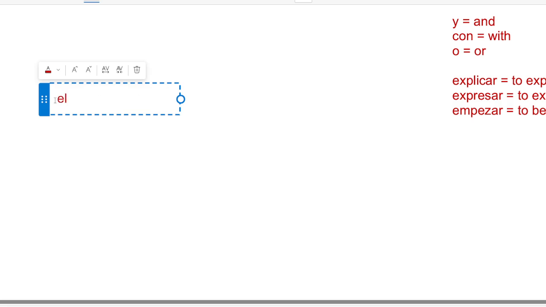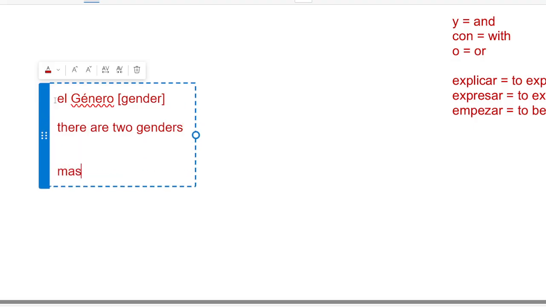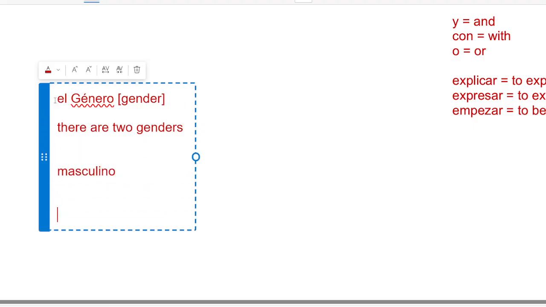El género. Género is gender. So there are two genders, masculino, femenino. Obviously, masculine and feminine.